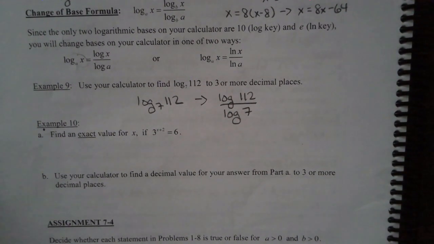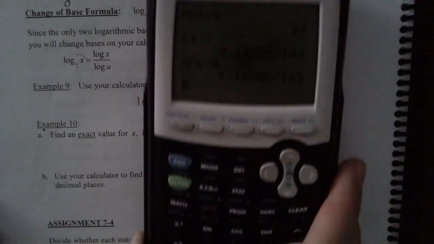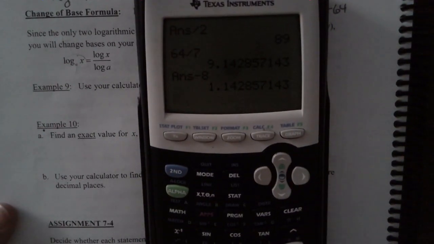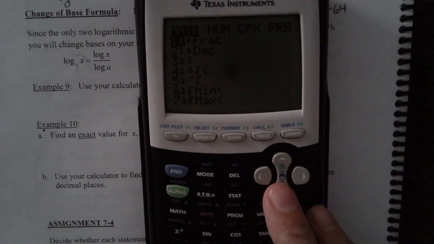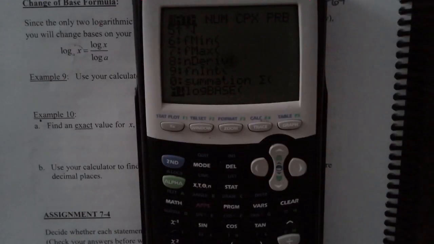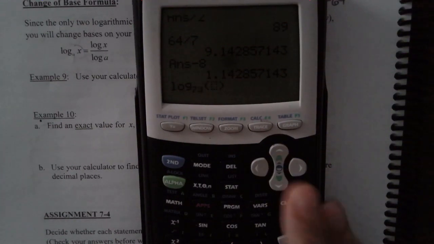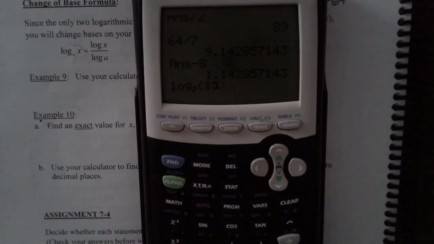Okay, you can do it that way, or something new with our calculators. If you go to math, right, our magical button that helps us with everything, and you keep going down, you go to A, it says log base. So if I press enter, what do you know? I can actually calculate that without doing the division. So I'm going to show you they both equal the same. So 7 is our base, and we're doing 112, right?